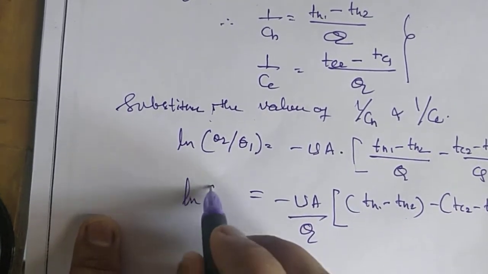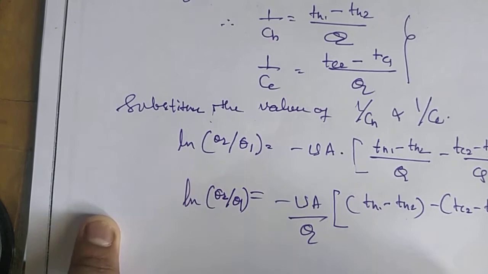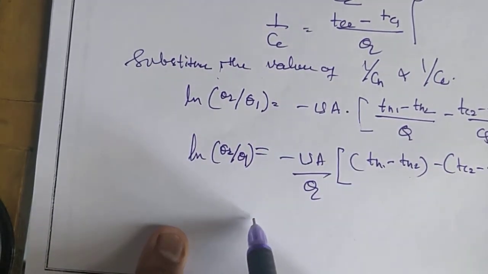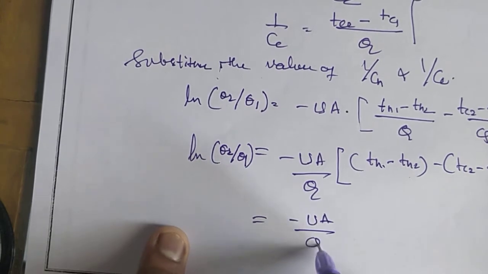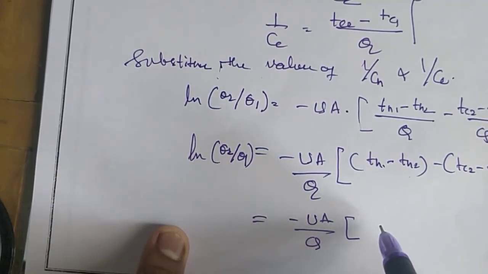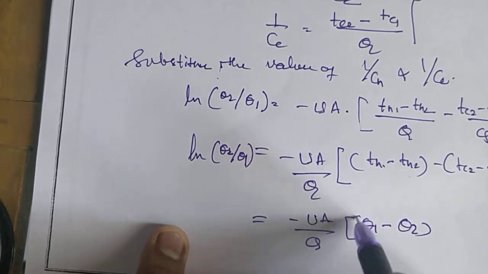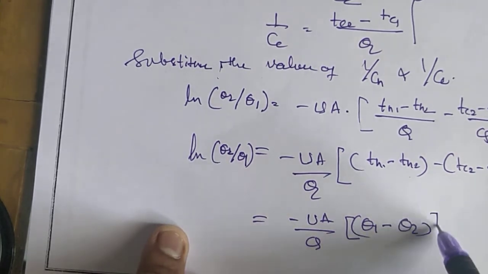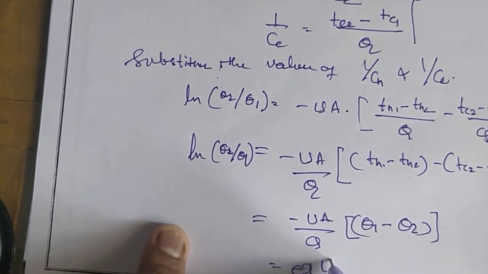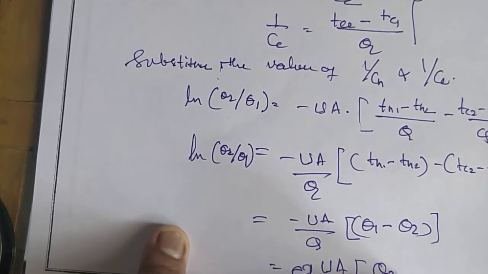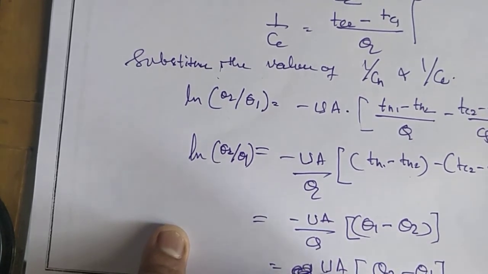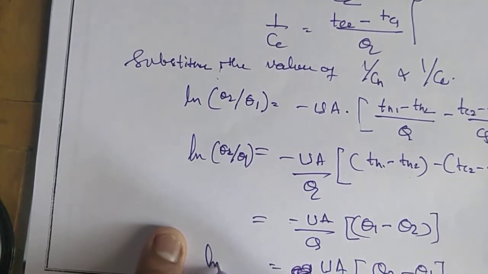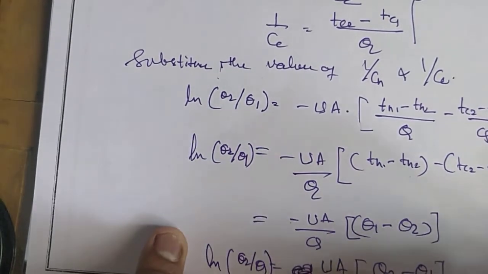So ln of theta 2 by theta 1 is equal to minus UA by Q (theta 1 minus theta 2), or else you can also write minus UA by Q (theta 2 minus theta 1), because here the minus signs combine to plus, that's why we have taken the reverse.